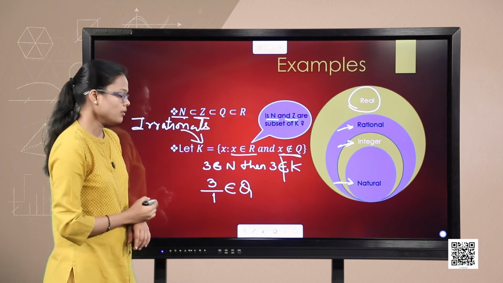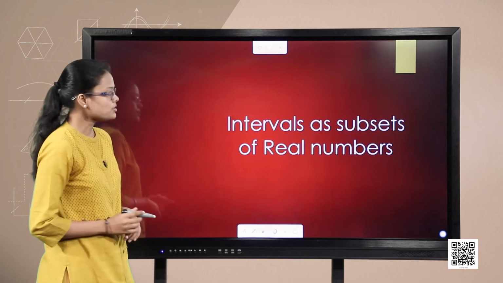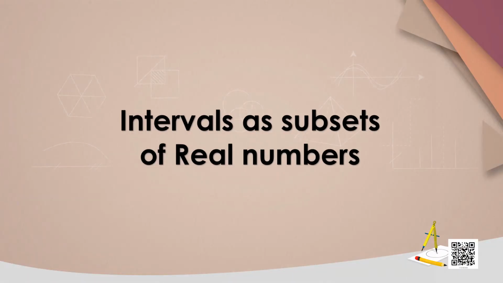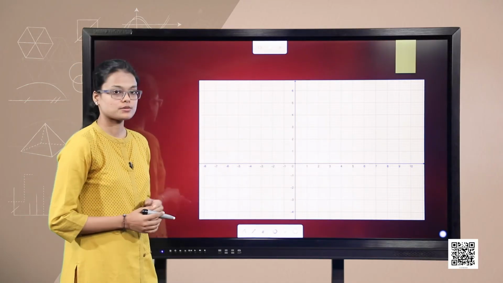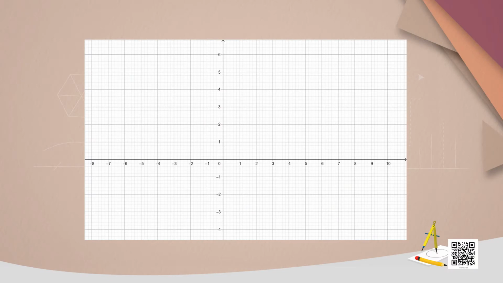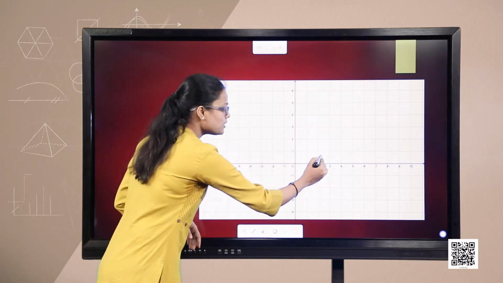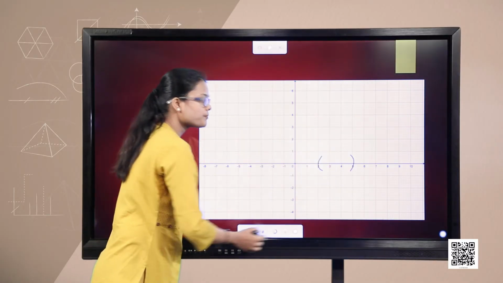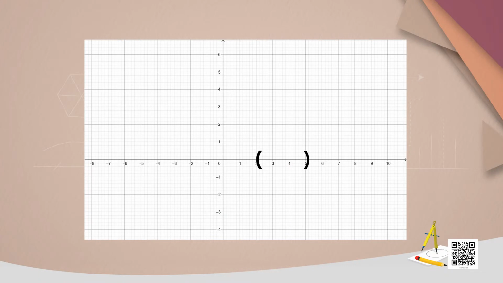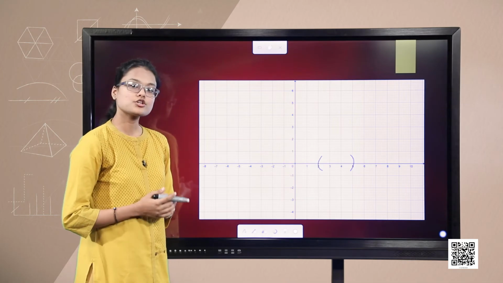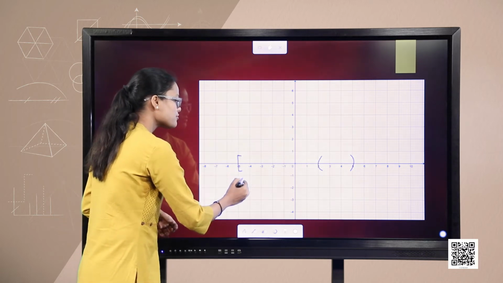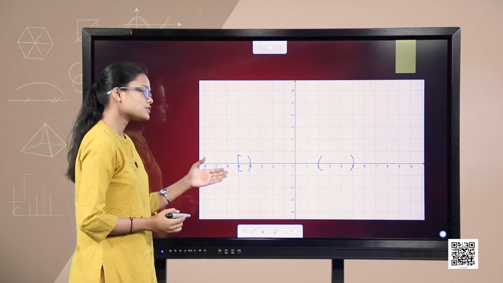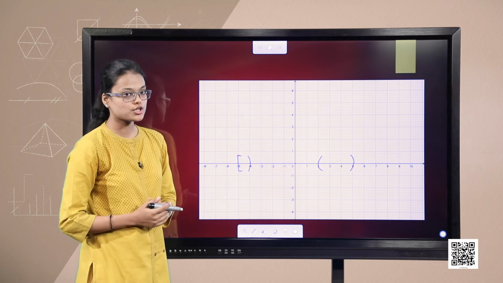Okay? Now we are going to study intervals as subsets of real numbers. You can see that this is a Cartesian plane, and suppose I ask you for the collection of all those numbers lying between 2 and 5, where 2 and 5 are not included, or the collection of all those real numbers lying between -5 and 4, where -5 is included but 4 is not included.